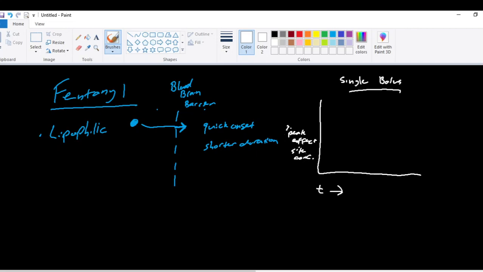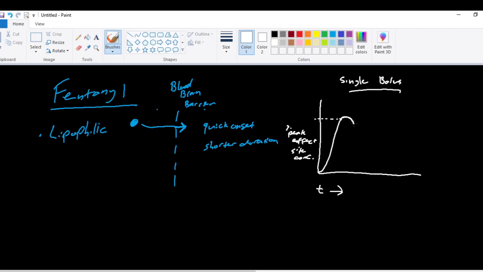So this essentially means how fast it takes to reach its effect site. If we administer a single bolus of fentanyl, we're going to see a sharp rise of the fentanyl molecules reaching the peak effect site, which is the central nervous system.